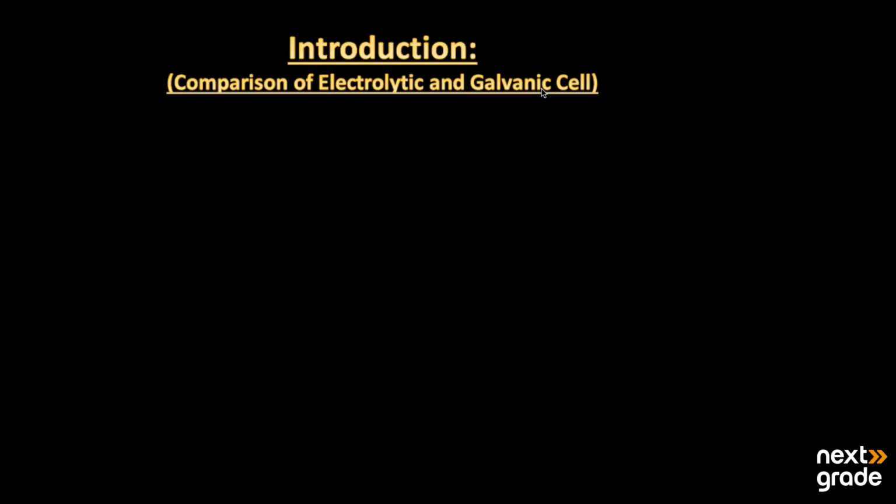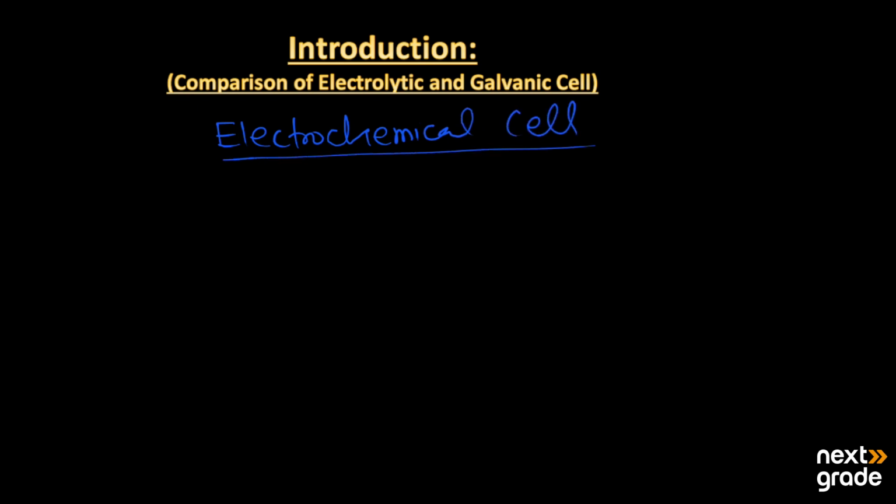So, the topic we will discuss here is the comparison of the electrolytic and galvanic cell. Basically, both the electrolytic and galvanic cell are known as electrochemical cells. And in both these cells, the type of reaction that is happening is called the redox reaction.